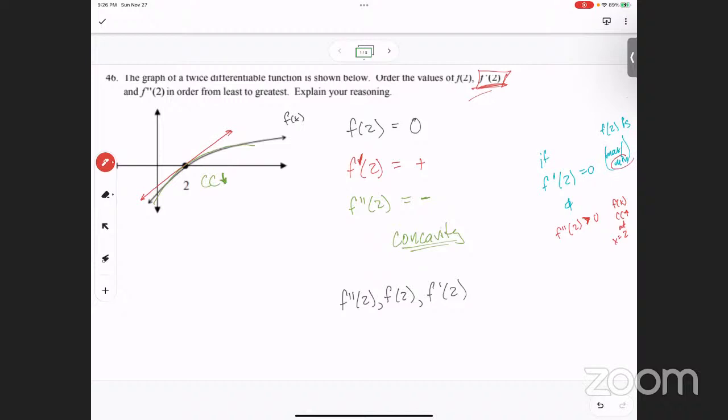Yep. So together those imply that f of 2 is a min. Yes. Yep. Good job. Thank you. You too.